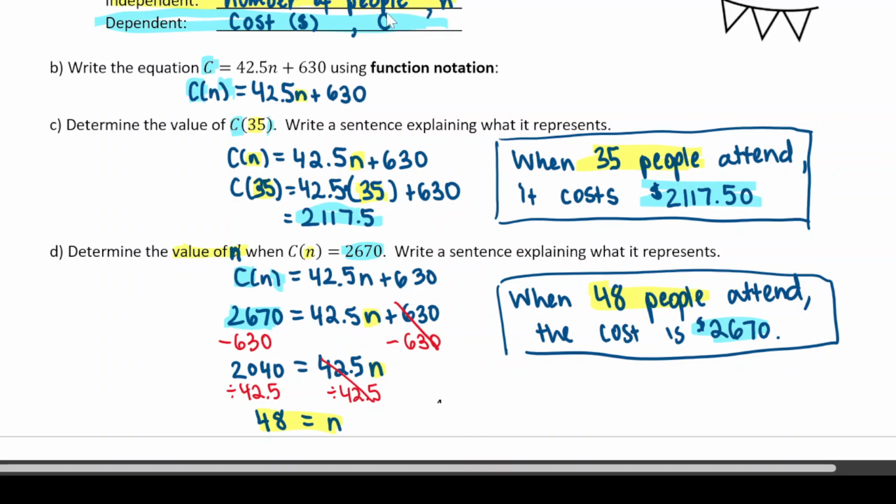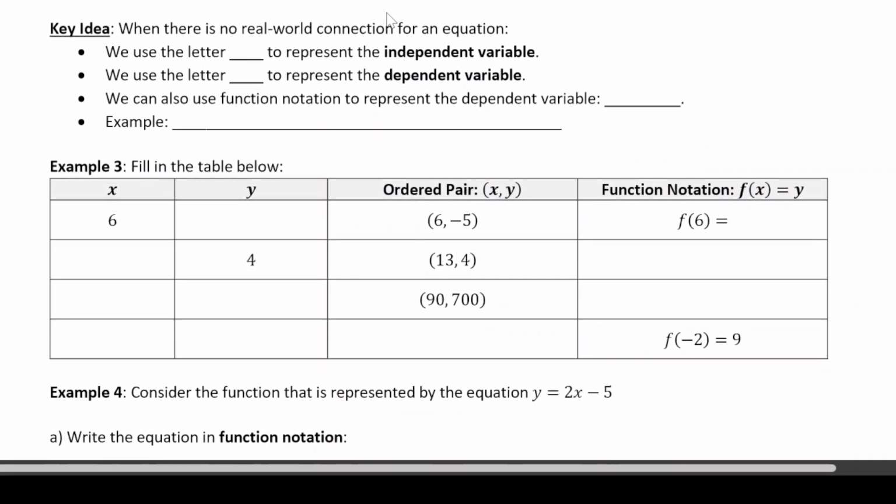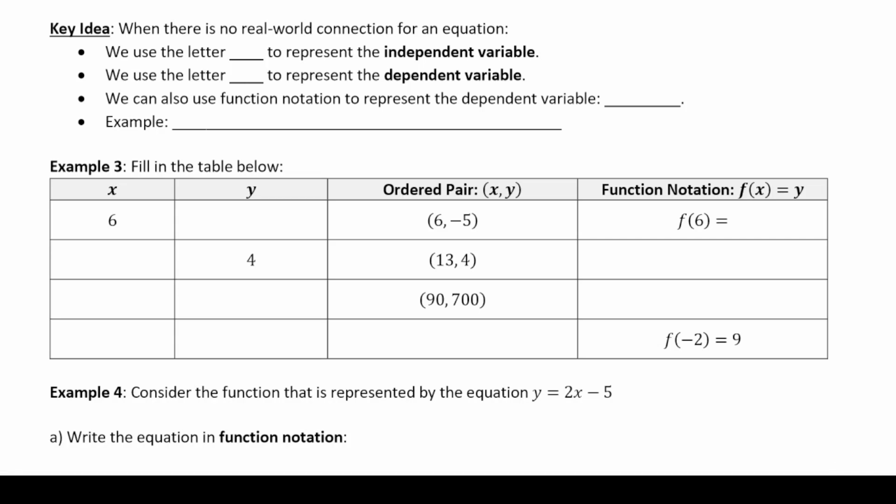Okay, let's practice working with some equations that are more abstract, that they don't have any word problem associated with them. So when there's no real-world context for an equation, we just typically use the same letters for our variables that we've named our axes on a graph to keep everything consistent. So on a graph, we typically use x for the independent variable, right, on the x-axis, and then on the y-axis, the dependent variable, we just call it y, if there's nothing better to call it.